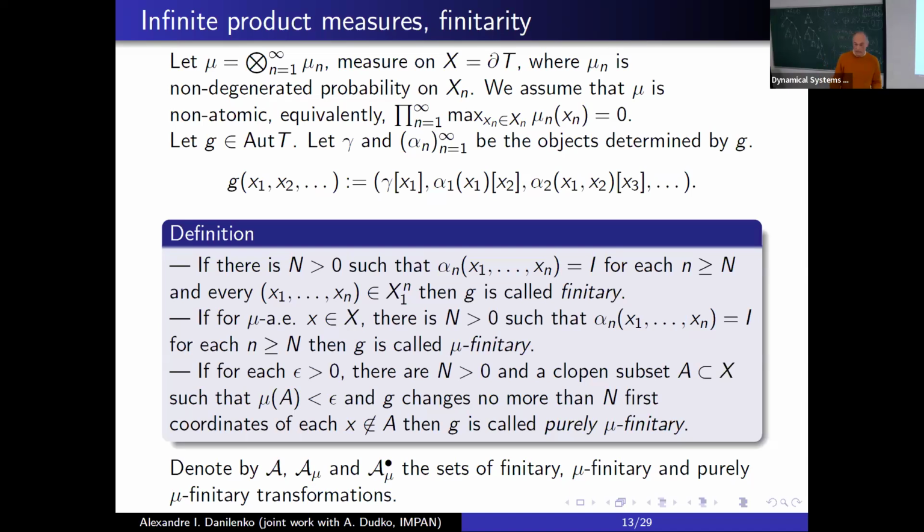And we have an example which shows that it is possible: there is g which is mu-finitary but not purely mu-finitary.